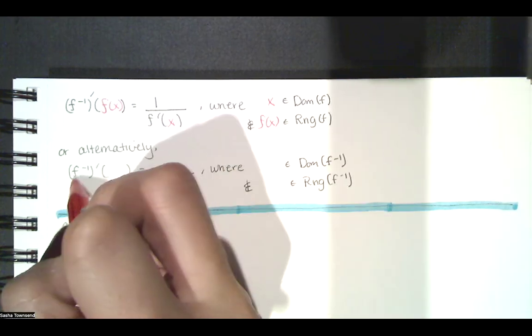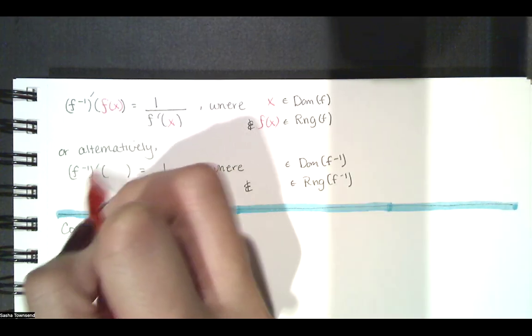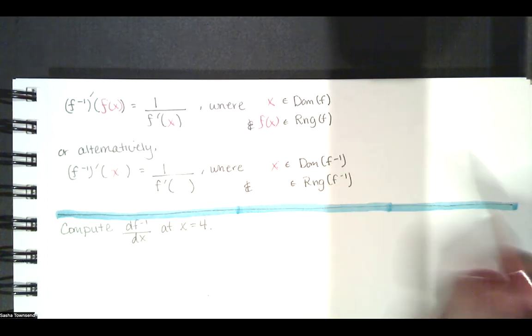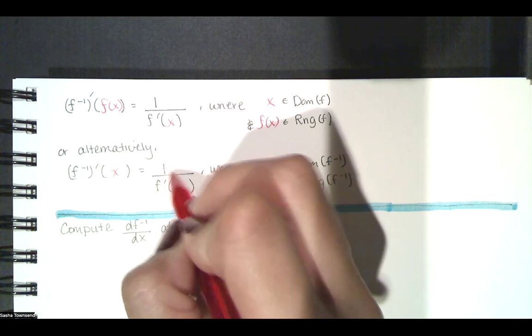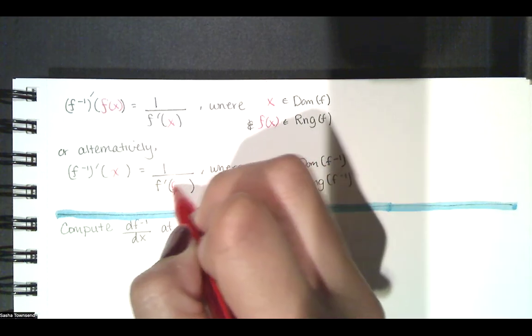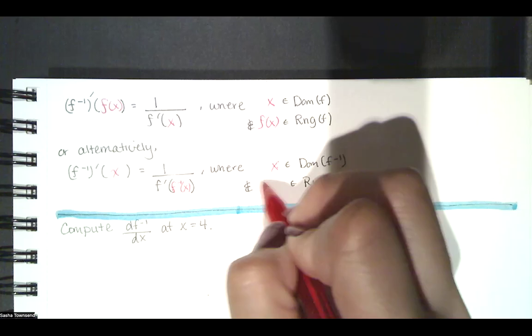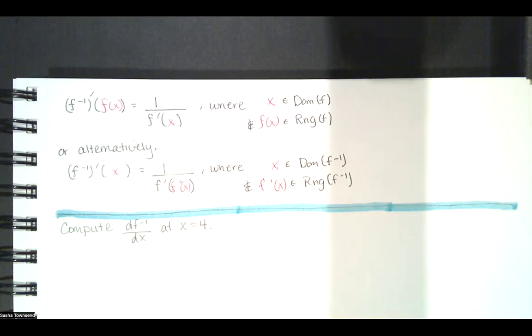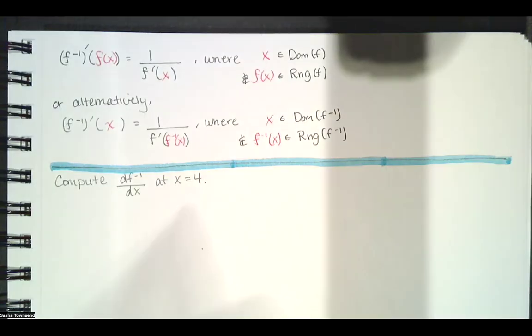Or we can look at the derivative of f inverse at an x value, where that x value is in the domain of f inverse, and then we evaluate the derivative of f at f inverse of x. Either way is fine. So now we're asked to compute the derivative of f inverse at x equals 4. And I think that we can see what the answer is going to be.